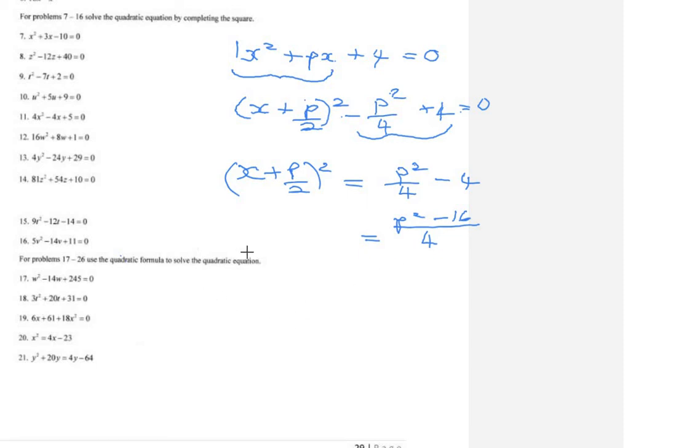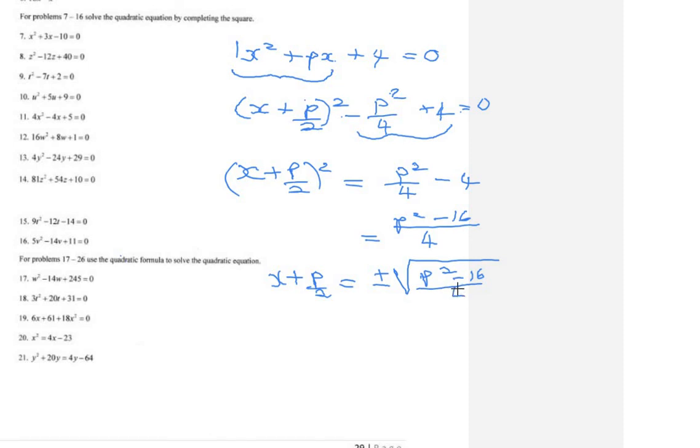Okay, now we can apply the square root property. So x plus p over 2 will then be plus or minus the square root of that whole thing. p squared minus 16 over 4.